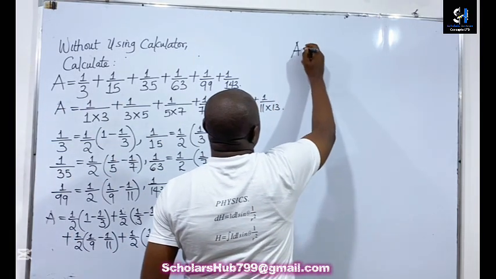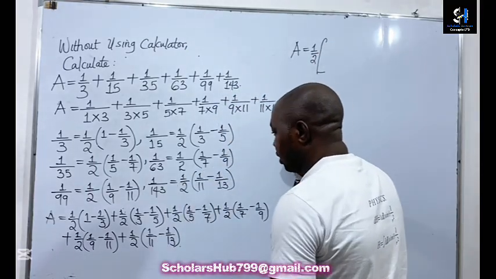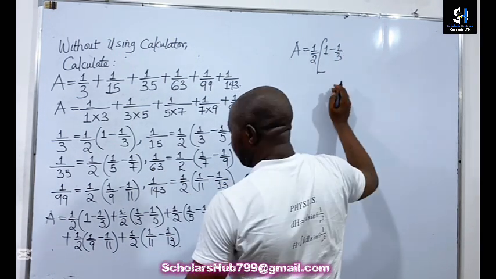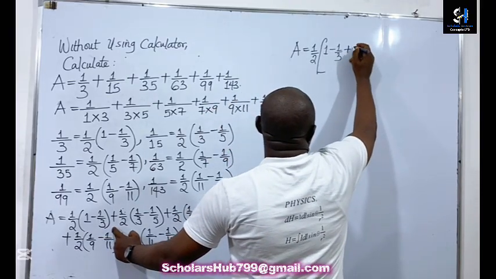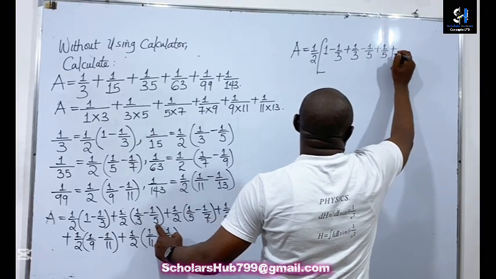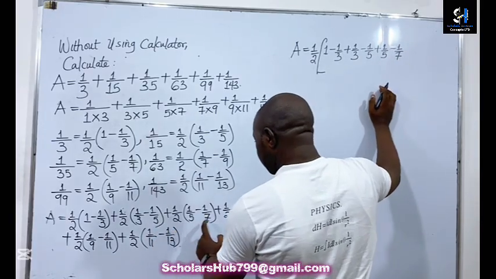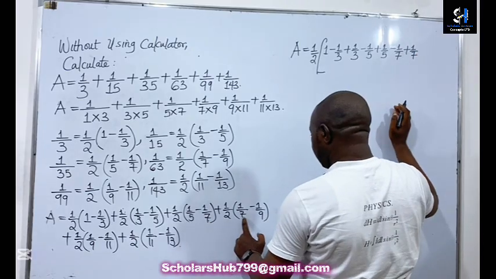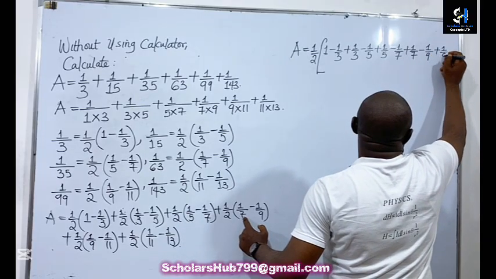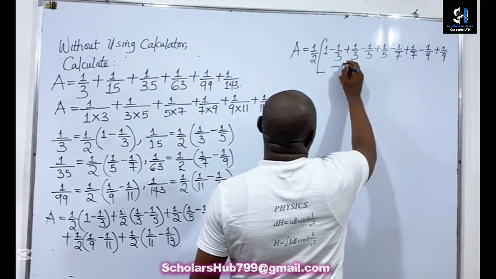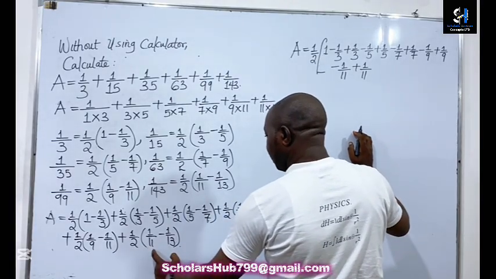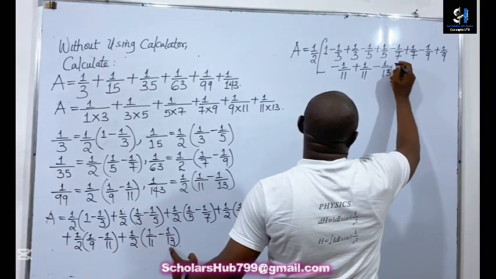So A will be equal to 1/2 open square bracket 1 minus 1 over 3 plus 1 over 3, then minus 1 over 5 plus 1 over 5, then minus 1 over 7 plus 1 over 7, then minus 1 over 9 plus 1 over 9, then minus 1 over 11 plus 1 over 11, then minus 1 over 13.